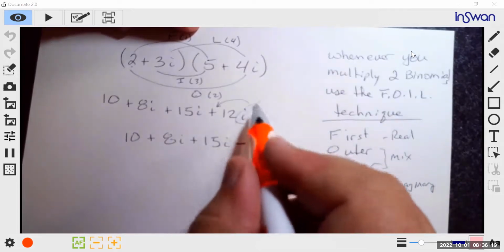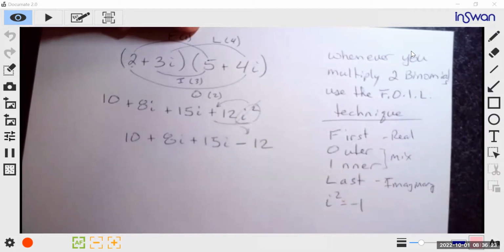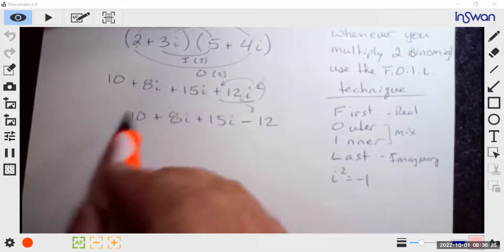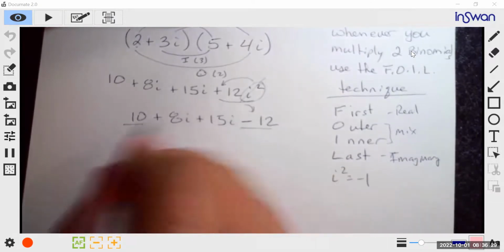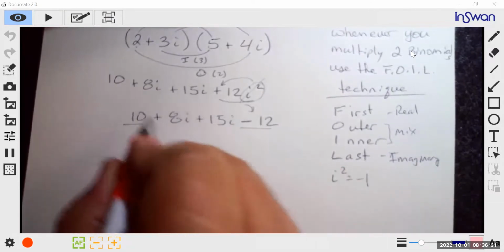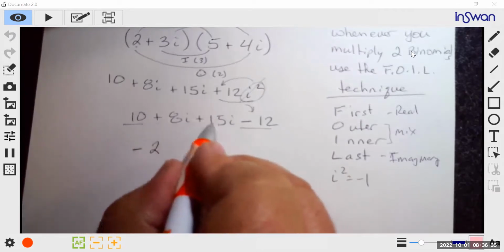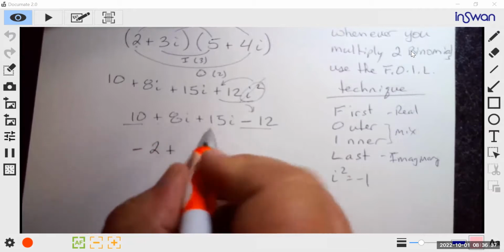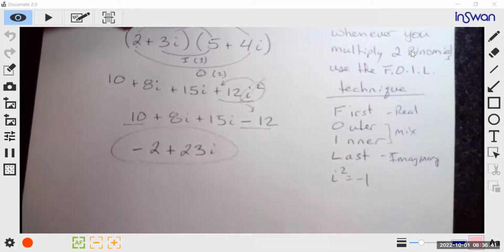You drop i squared and just change the sign in front of it. Combine like terms. 10 positive and negative 12. 12 is bigger, so it's negative. 12 minus 10 is 2. 8 and 15, they're both positive. 8 plus 15 is 23. And there's your answer.